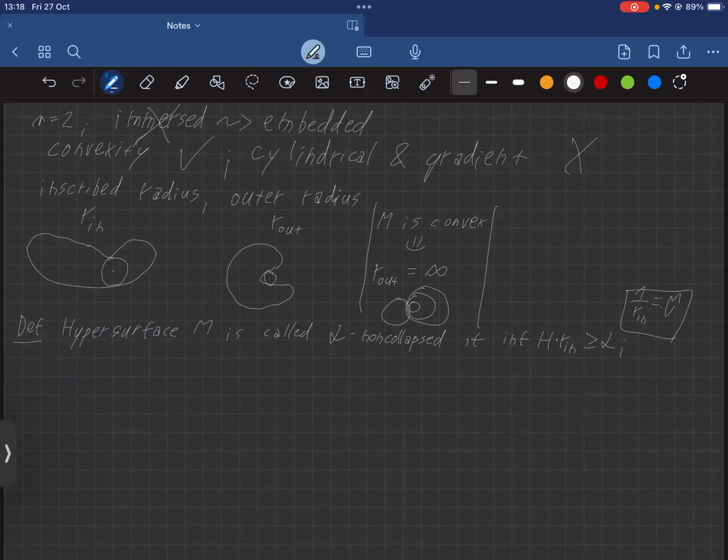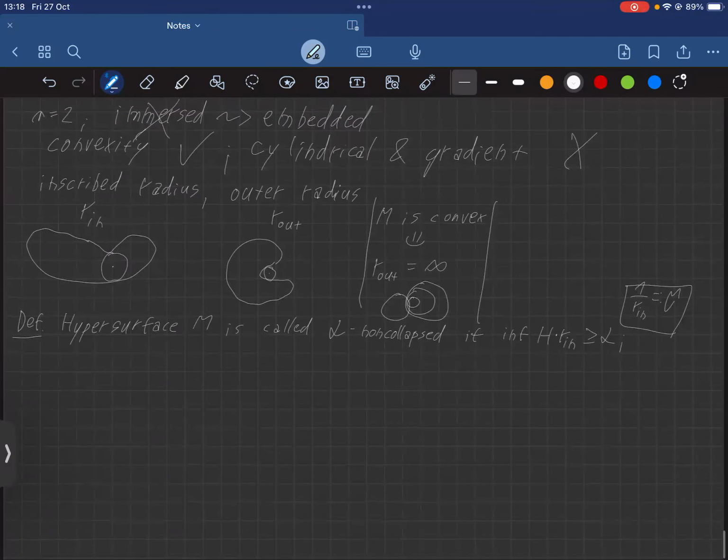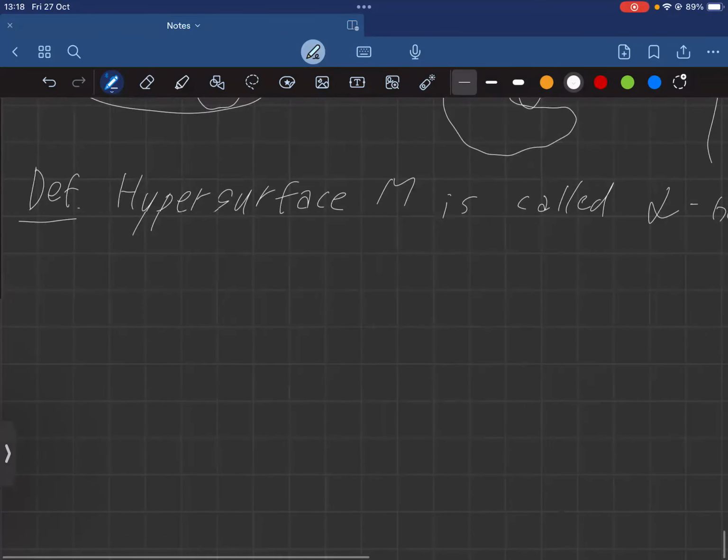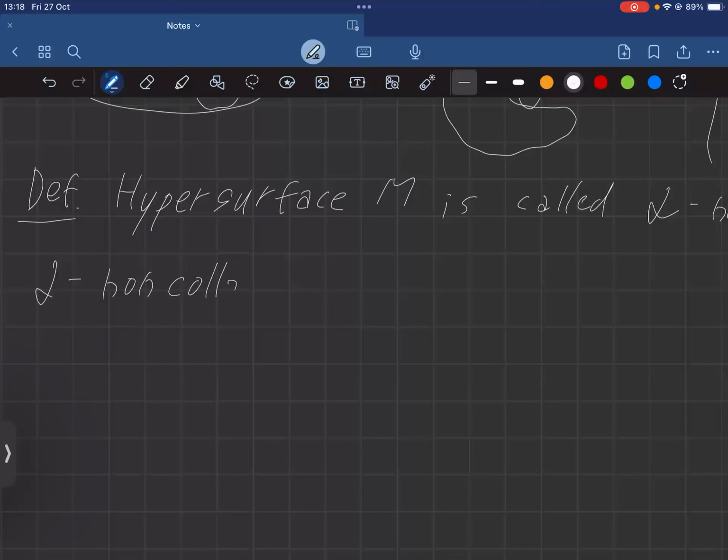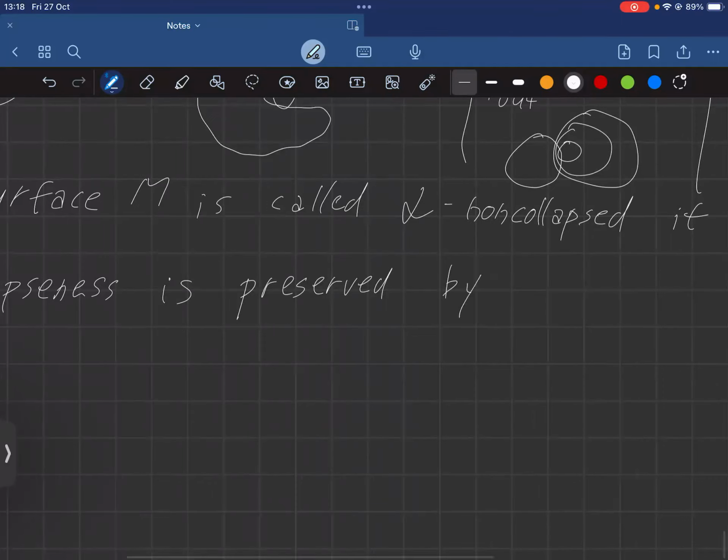But what has been shown, for example, by Ben Andrews, is that this, I'm going to write it down, alpha non-collapsedness is preserved by mean curvature flow.